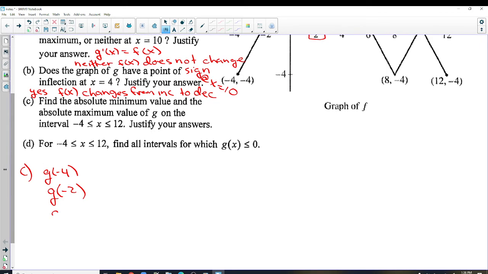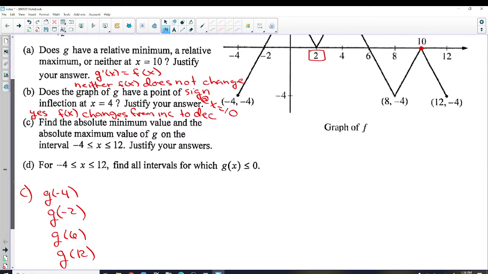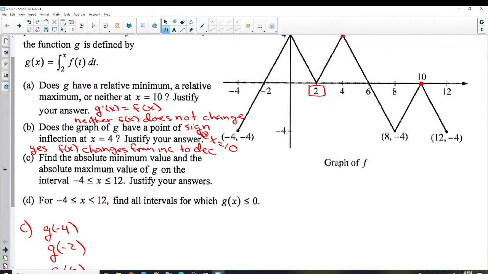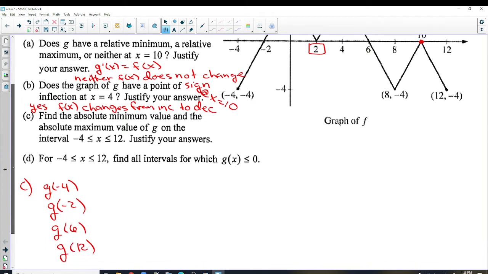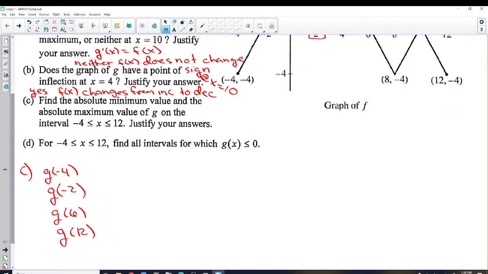Over there at 6, so g of 6 and g of 12. We could probably rule one of those out. Negative 2 is probably ruled out because the first derivative is going from no. 6 would be ruled out because that would be a local maximum. However, the rubric has 6 evaluated, so we better test all the critical points.